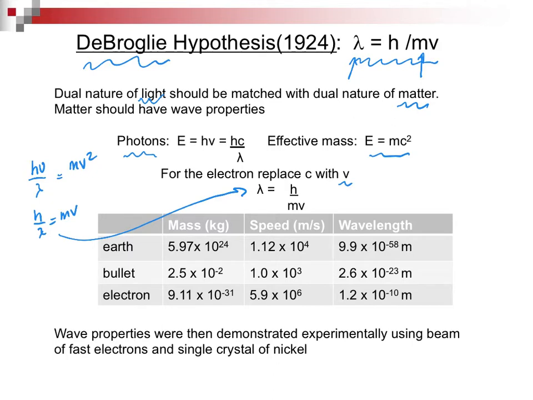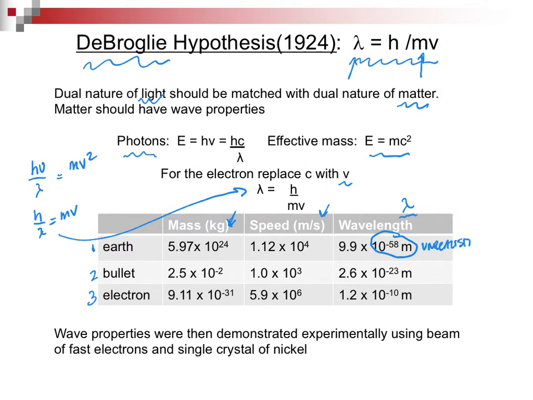So in order to show you why it's important, I chose three things. I chose the Earth, I chose a bullet, and I chose an electron. If I put in values for typical masses and typical speeds, I can come up with the wavelength that is part of this hypothesis. Well, if you look at 10 to the minus 58 meters, that I'd say is unrealistic.